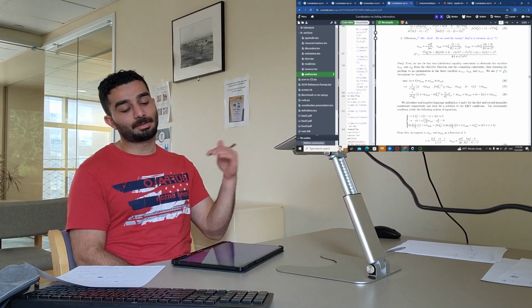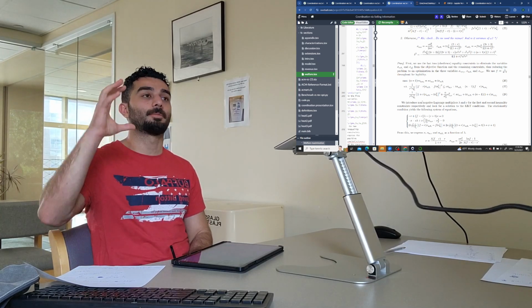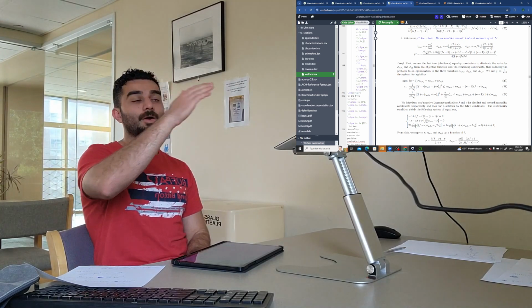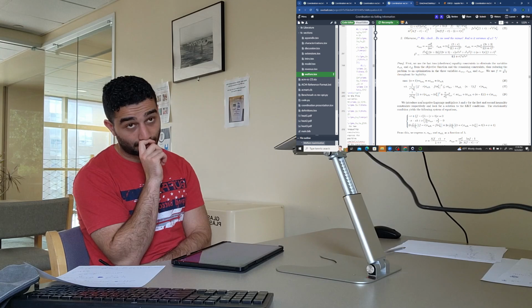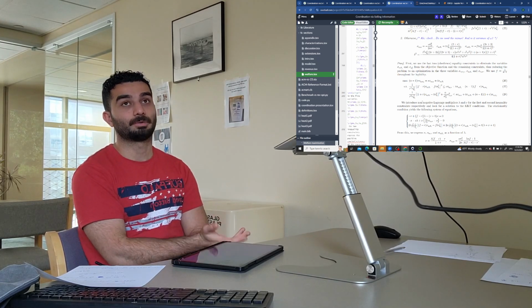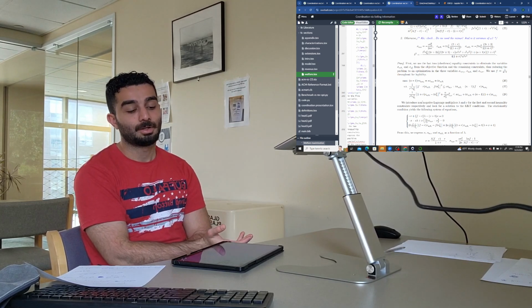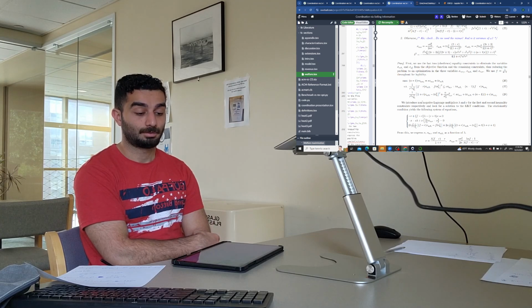We take everything to the left side of the inequalities because we want to say objective plus constraints are less than or equal. The Lagrangian objective should be greater than our own objective, so we take everything to the right hand side.